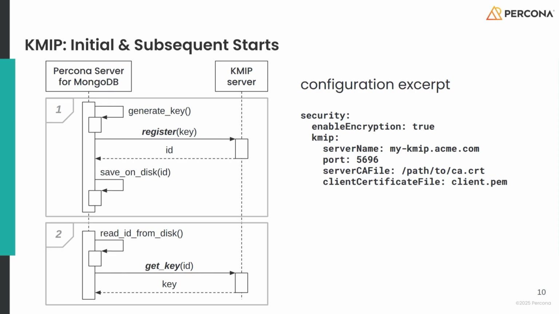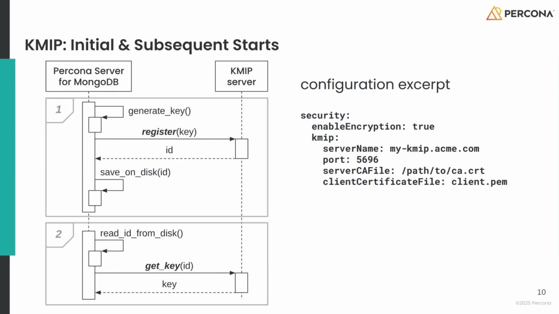The first one shows what Percona server for MongoDB does when a clean instance is initialized. First, it generates a cryptographically secure symmetric key and then registers it on the KMIP server. In response, it gets an ID which it saves to a disk.